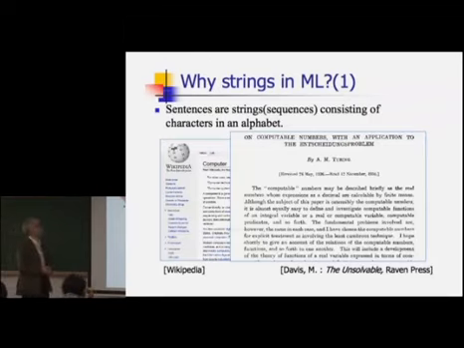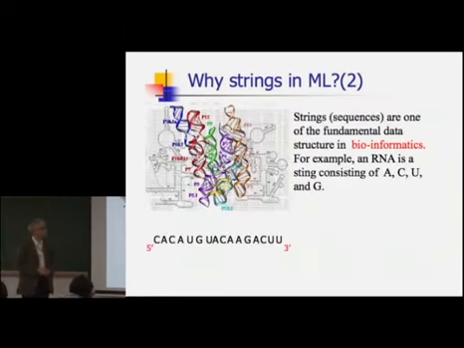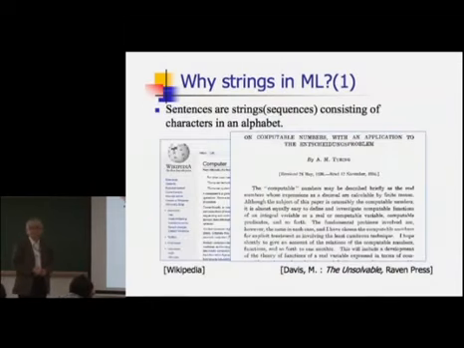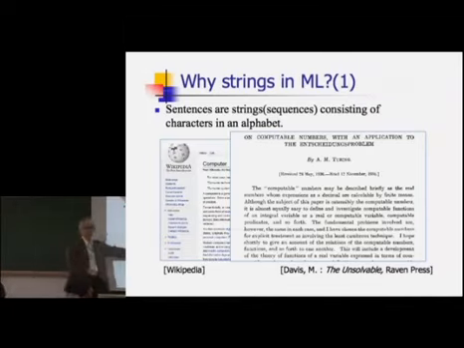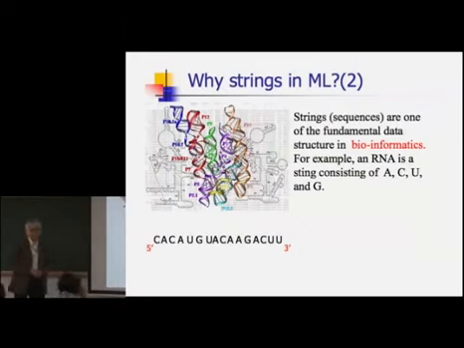And before that, I'll explain why strings are treated in machine learning. The reason is very natural. For example, natural language sentences are strings. They consist of characters in an alphabet. This is a very famous paper written by Alan Turing, and this is also an example of a sequence consisting of an alphabet.